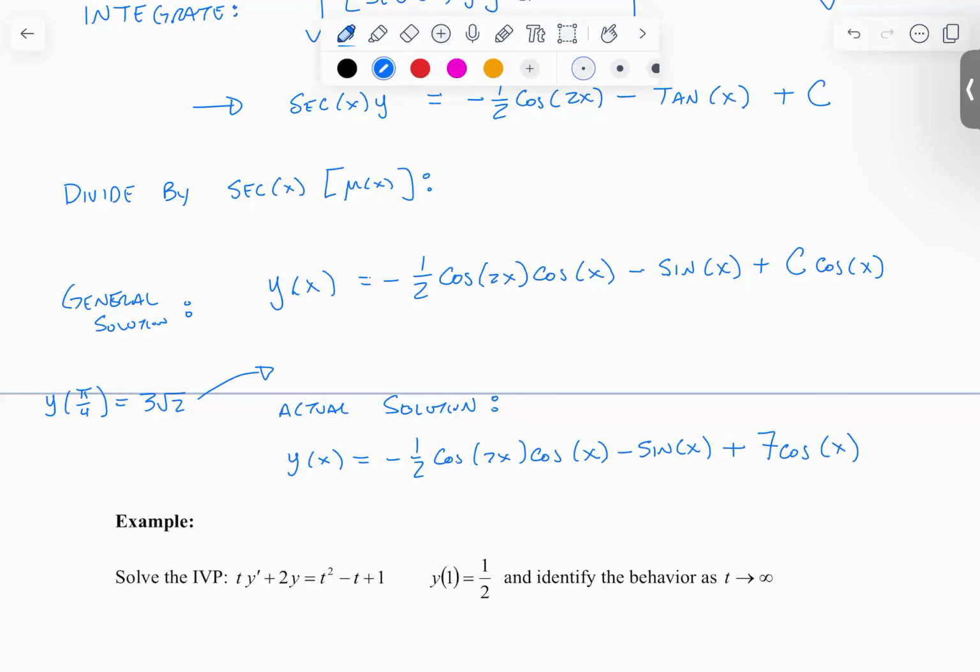Just a little word, this is 3 root 2. Because at this point I have a bunch of root 2 over 2s. I think with a 0, it happens right there.